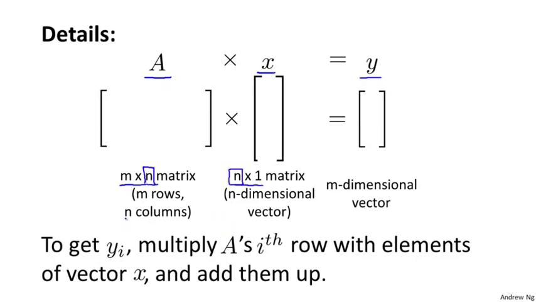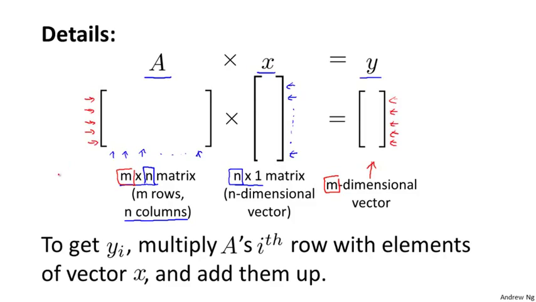In other words, the number of columns in this matrix, n columns, has to match the number of rows here. It has to match the dimension of this vector. And the result of this product is going to be an m dimensional vector y. So in other words, m is going to be equal to the number of rows in this matrix A.